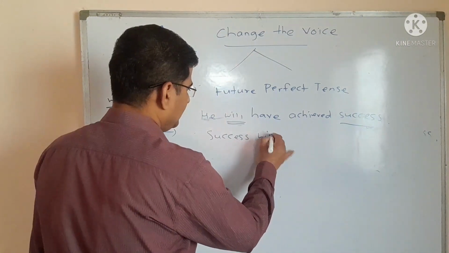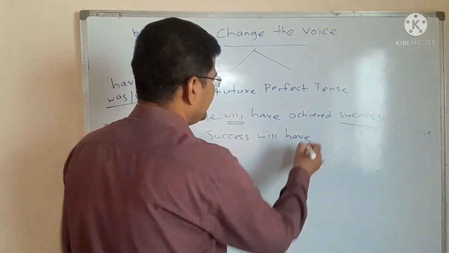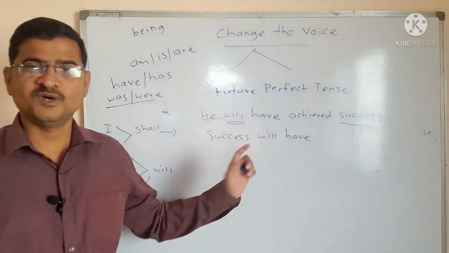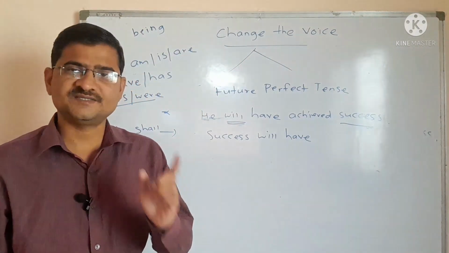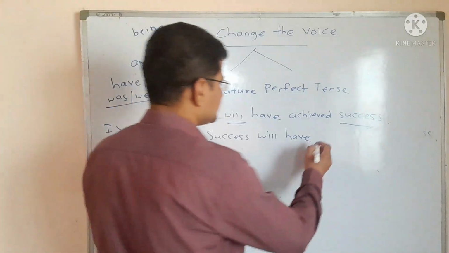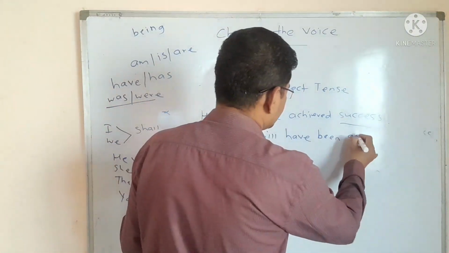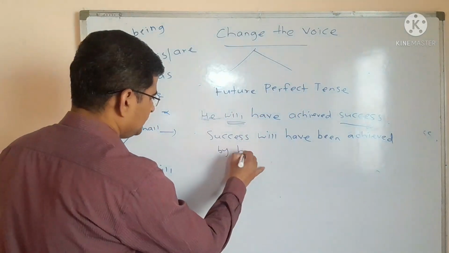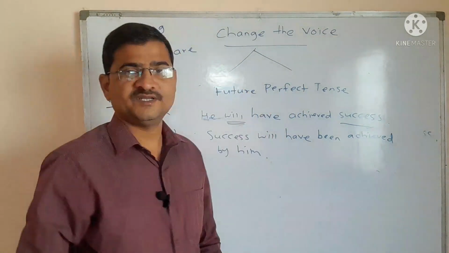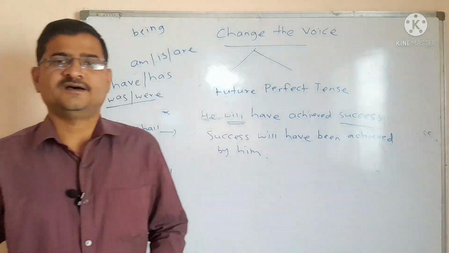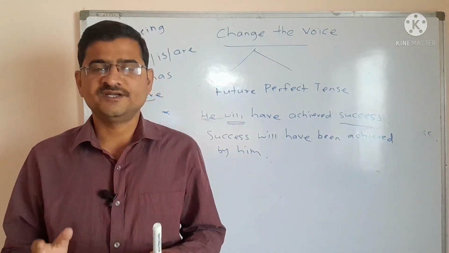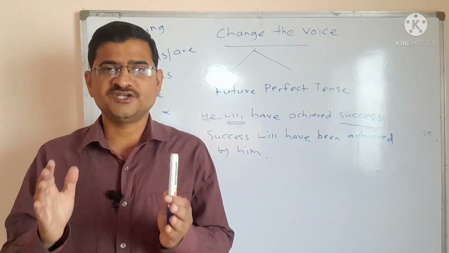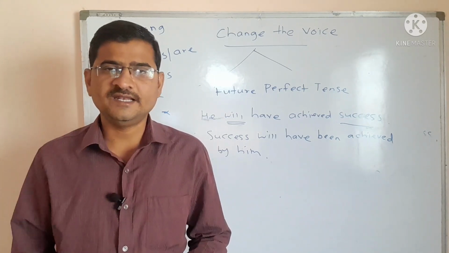Will have, and in the perfect tense we have to use one word in the passive voice, that is been. Success will have been achieved. Success will have been achieved by him. Very simple. I hope that you must have understood this topic of change of voice very well.